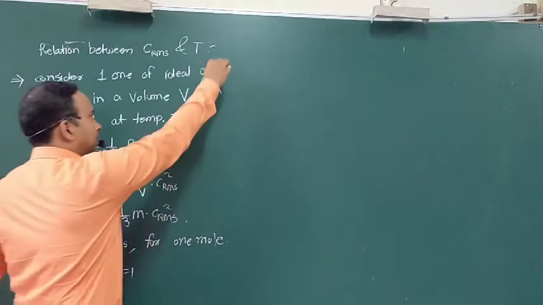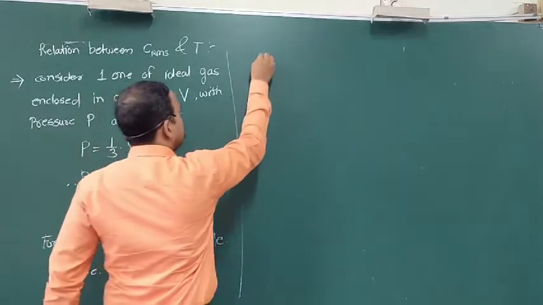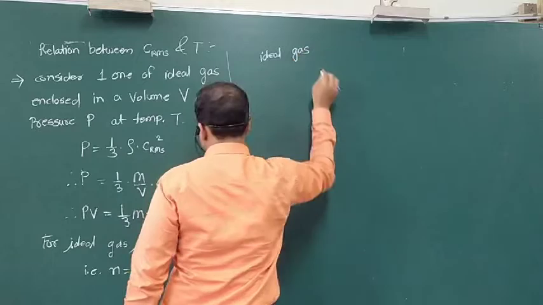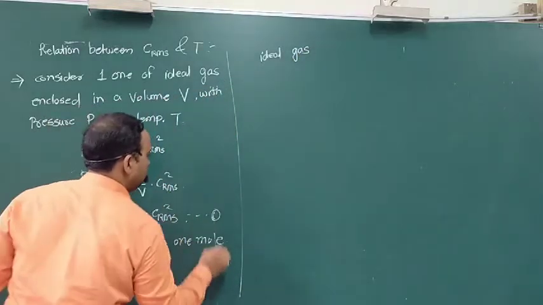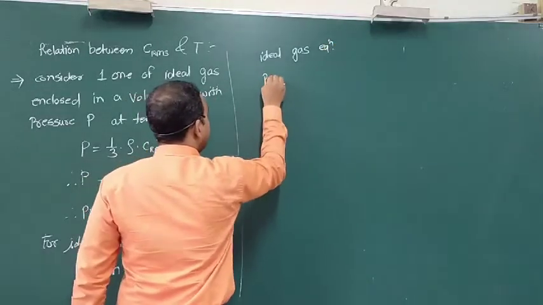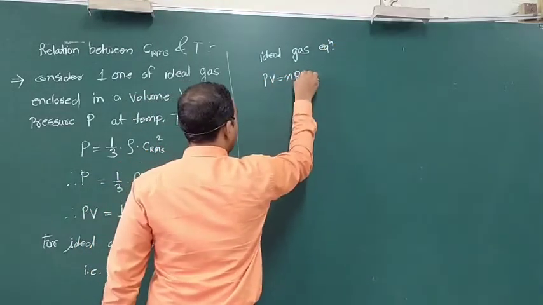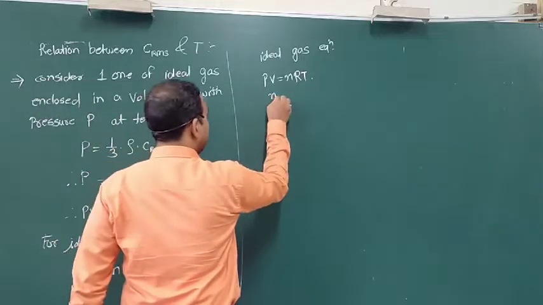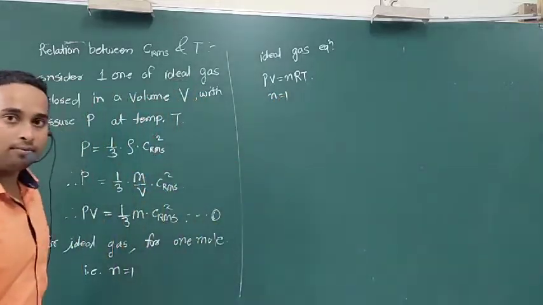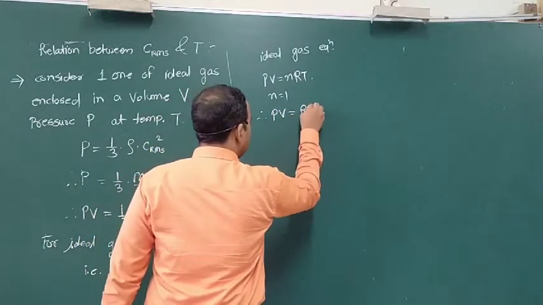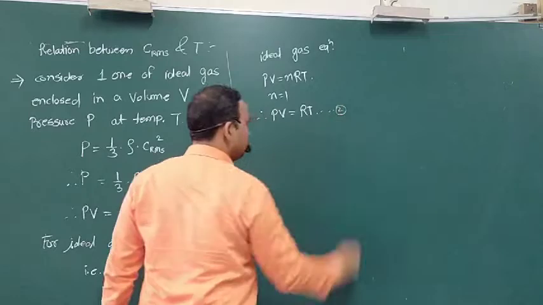So we know the ideal gas equation, so this is equation number 1. So ideal gas equation, we know that PV is equal to nRT. So we get n is equal to 1 for 1 mole of gas. Therefore PV is equal to RT, calling it equation number 2.